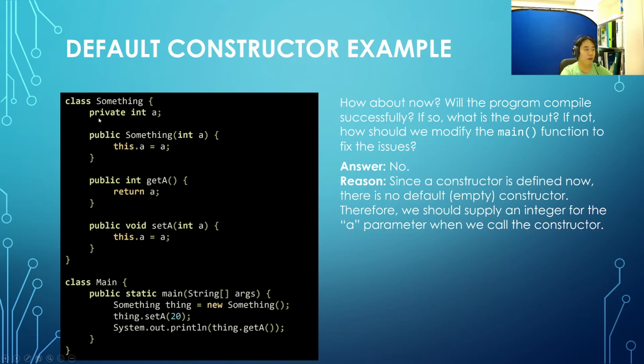Our only constructor requires the parameter a to be supplied. So what I would do is supply just an integer for a. I would add something like 8, so then we could do stuff to it later. Okay? I'm going to move on now.